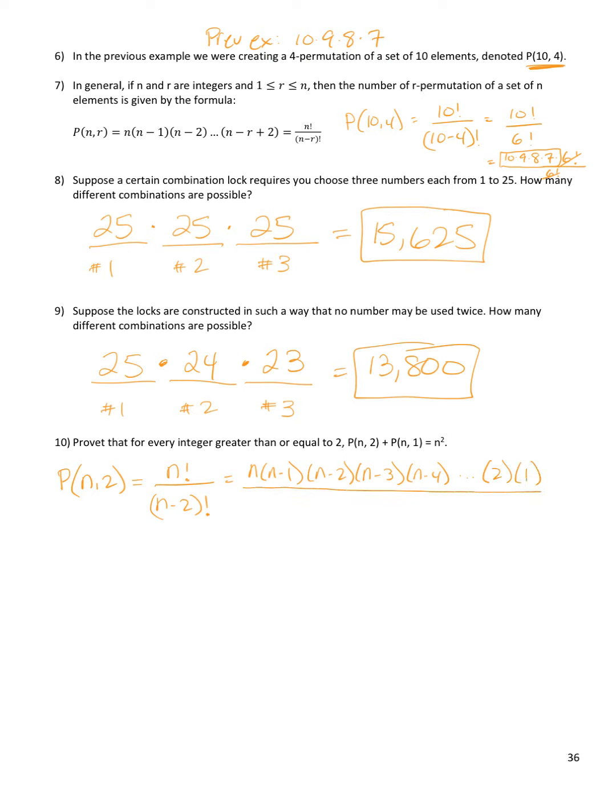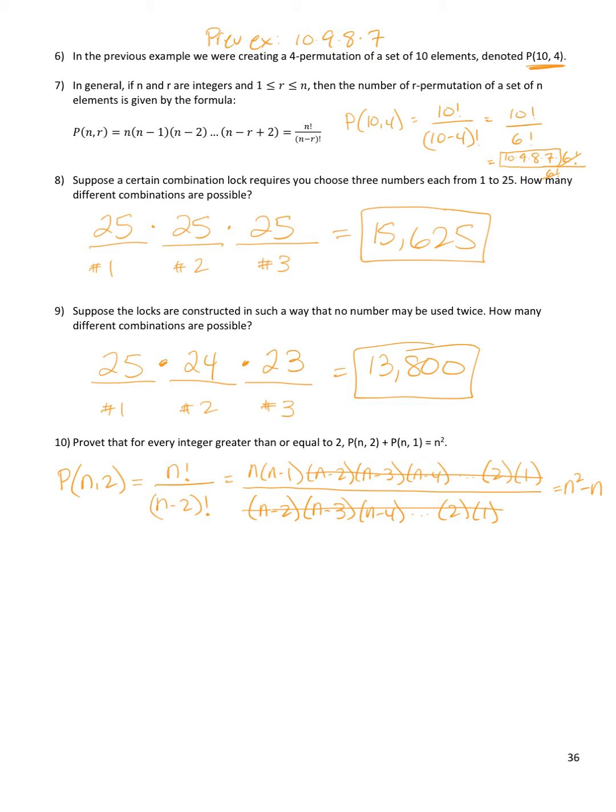Keep going down by 1 until you get to times 2 times 1. So then I get some cancellations here. n minus 2 down to 1, n minus 2 down to 1, and this is just n squared minus n. I just distributed this n times the n minus 1, n squared minus n.